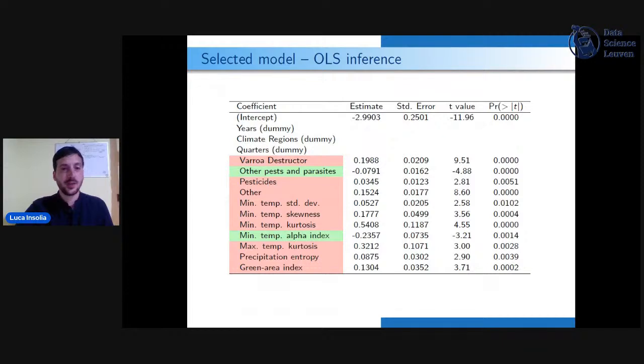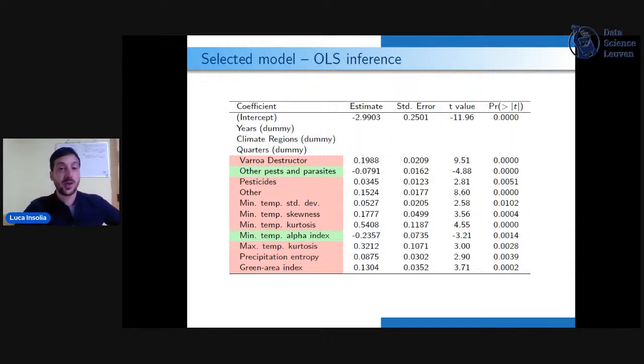So these are the main results based on our combinatorial approach to select relevant features and detect outlying cases. This method estimated a 10% contamination, so these results are based only on the 90% remaining non-outlying cases. And we can see that the features which have been selected include all categorical features, so we have years, climatic regions, and quarters.